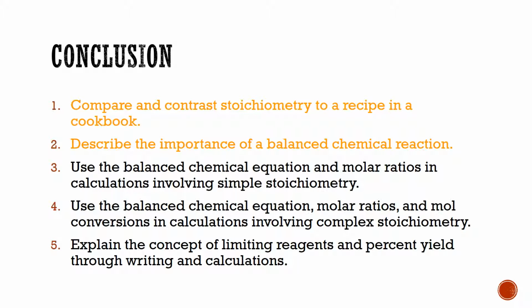So in conclusion, we talked about how the stoichiometry is similar or can be modeled off of a recipe in a cookbook. And we talked about the importance of balanced chemical reactions and how ratios from the chemical reaction that's balanced is used to determine how much product can be made.